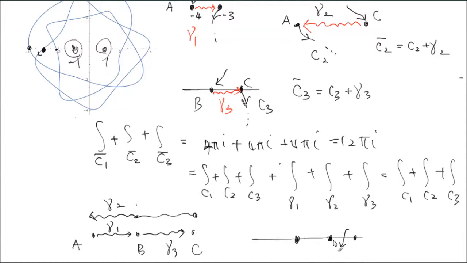But if nothing is going in between these two singularities, they're all going across it here, then the first time you cross it here, let's say P1.